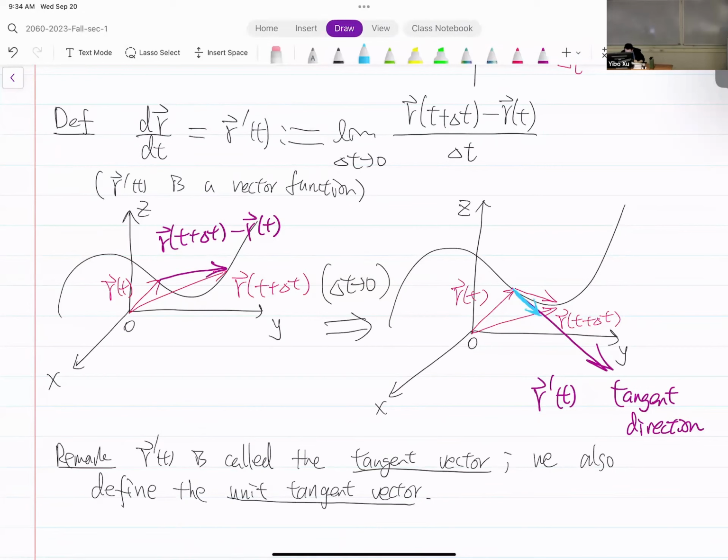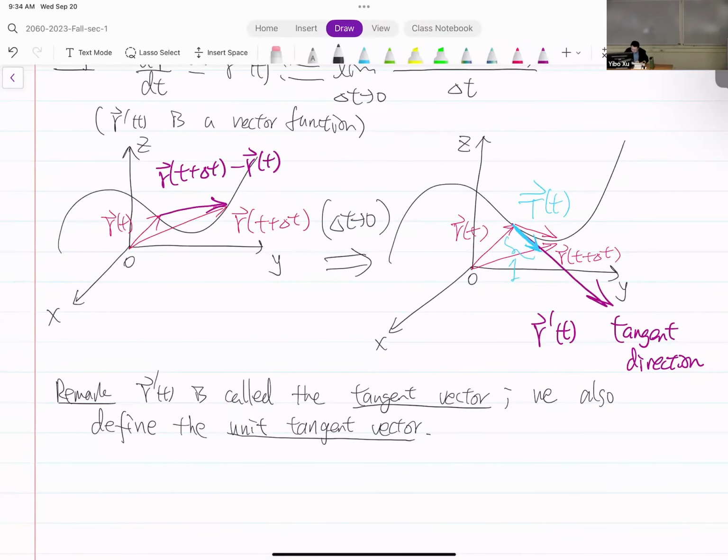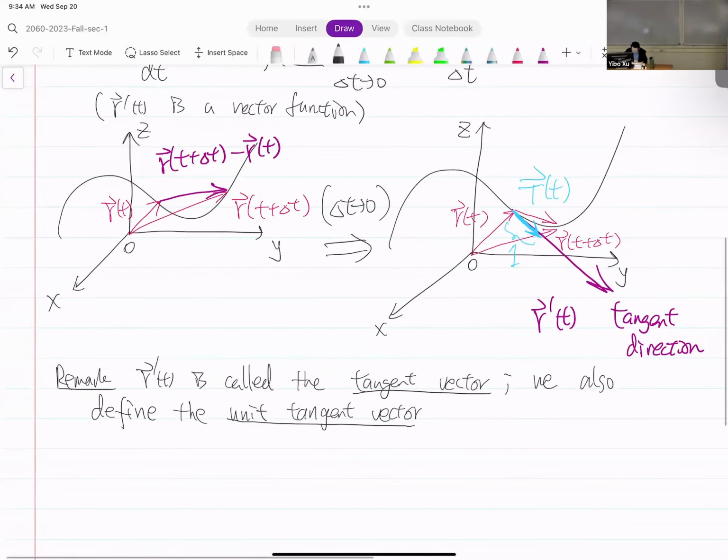That's going to be named as capital T. It's capital letter T, and this has a magnitude of 1. That's the unit tangent vector. So how do you get the unit vector? You just divide by the magnitude. So capital T of t is defined as the derivative, which is a vector function, divided by its magnitude.